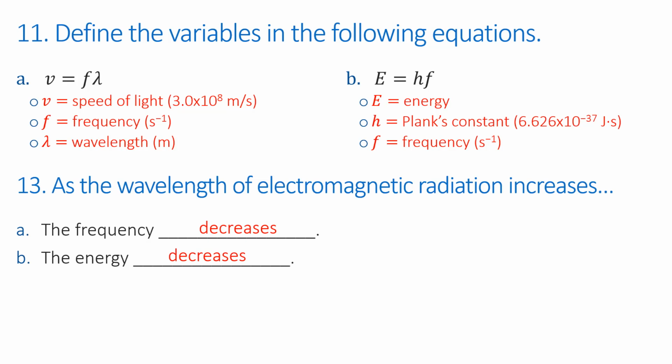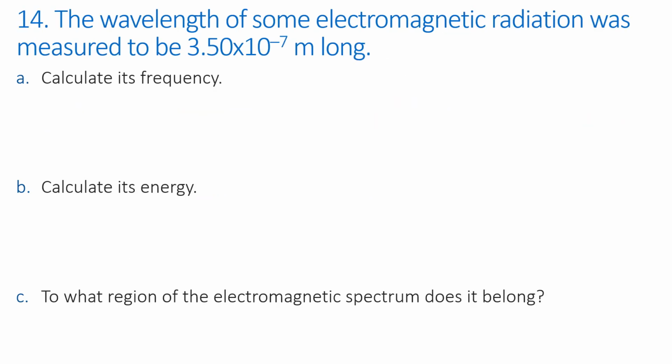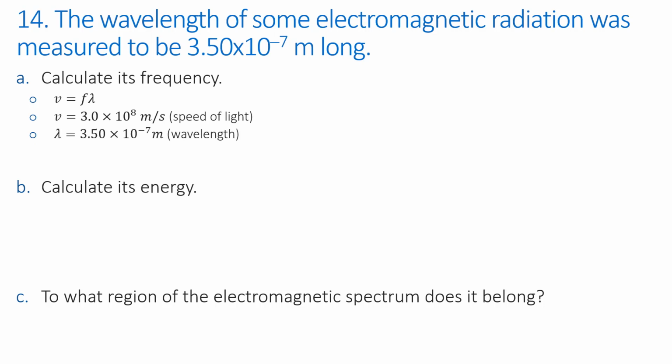Number 14, the wavelength of some electromagnetic radiation was measured to be 3.50 times 10 to the negative 7 meters long. To calculate its frequency, we want to use V equals F times lambda. We know V is the speed of light, F is what we're solving for, and we know that the wavelength is 3.50 times 10 to the negative 7.